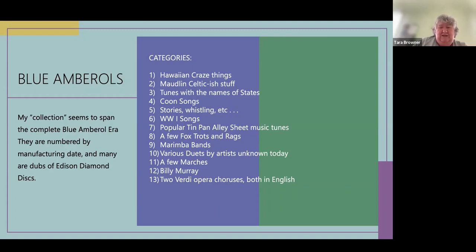I have marimba bands, duets by artists who I have no clue who they are, a few marches, Billy Murray, and probably more Billy Murray than I think, because he sang under different names, but those tend to be some of the better ones. And then in terms of what we would call classical music or art music, I have 2 Verdi opera choruses, and both are in English, and that's it.